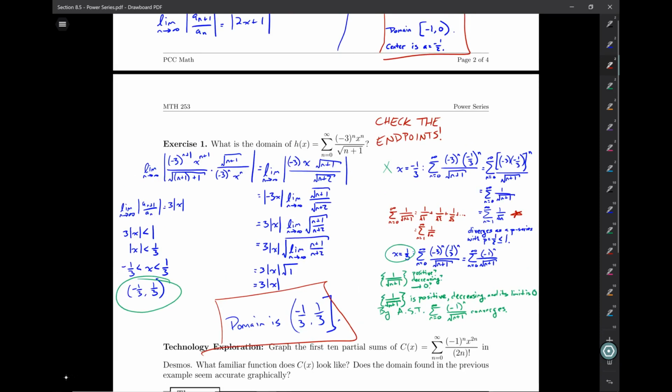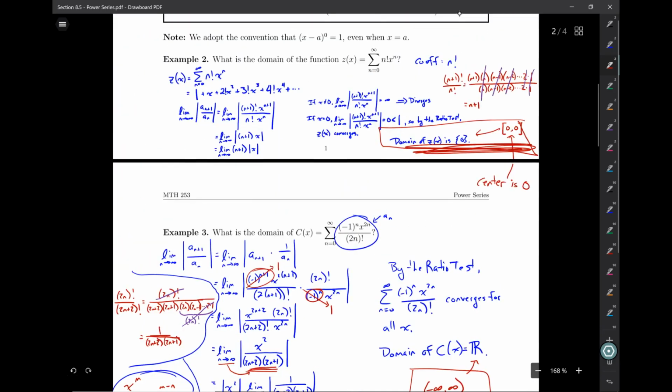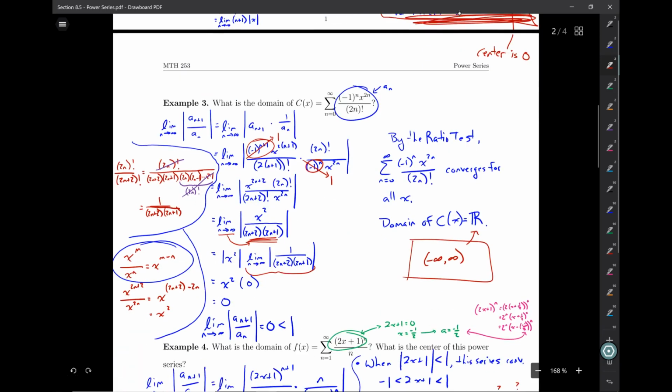Now, sometimes we include the left end and we exclude the right end. Sometimes we include the right end and we exclude the left end. Sometimes we include both of those ends. Sometimes we exclude both of those ends.